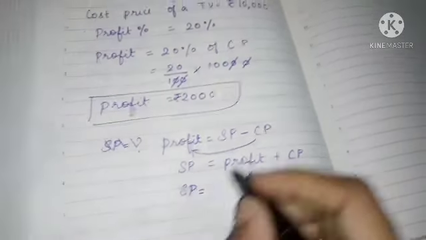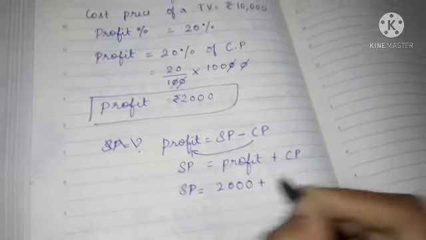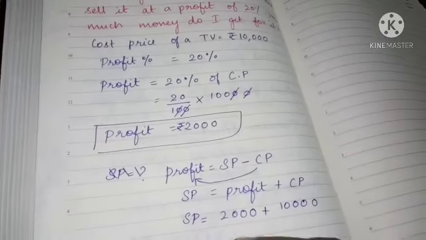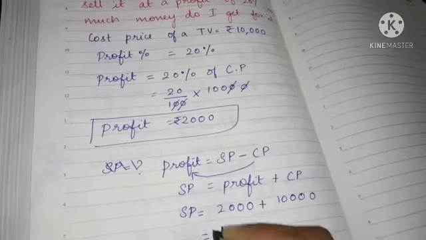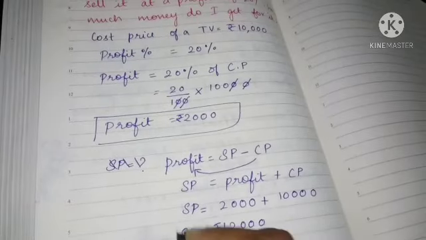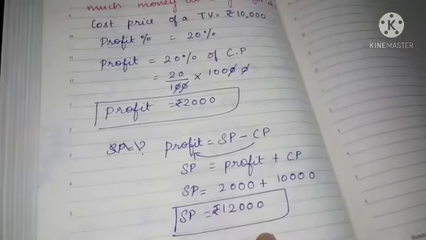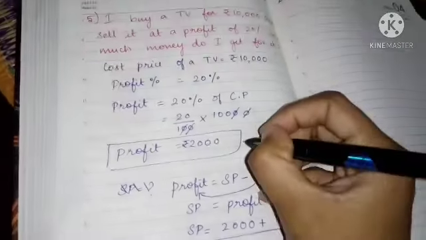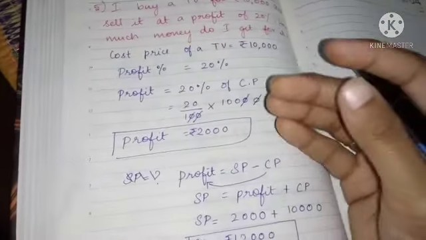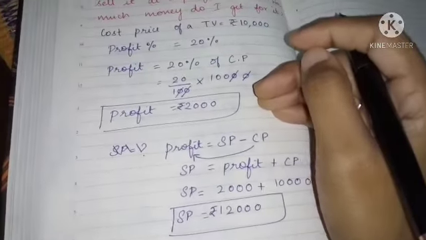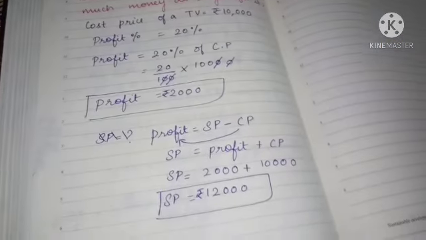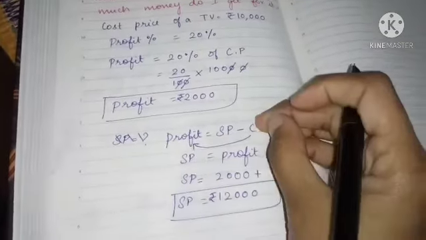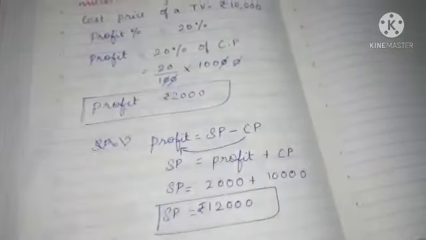Selling price is equal to the profit 2,000 plus cost price 10,000, which is 12,000 rupees. So we are selling that TV for rupees 12,000, and the profit we gain from this sale is rupees 2,000. So we have found both. See children, this formula is very important. Using this formula, we find the selling price.